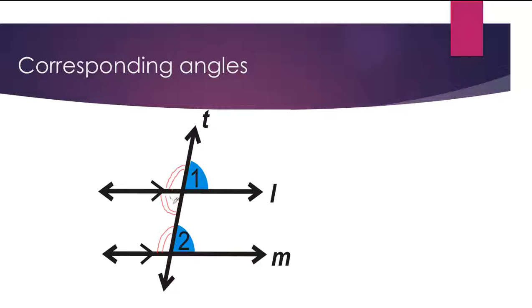This one here and this one here would be the same measure. This one here and this one here. So all of these are corresponding. So if you imagine you slide this line all the way up to this line, these would lay on top of each other, and so they would be the same measure.